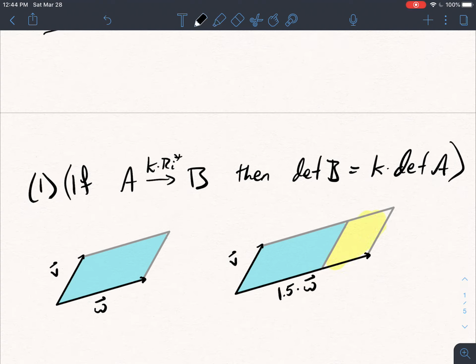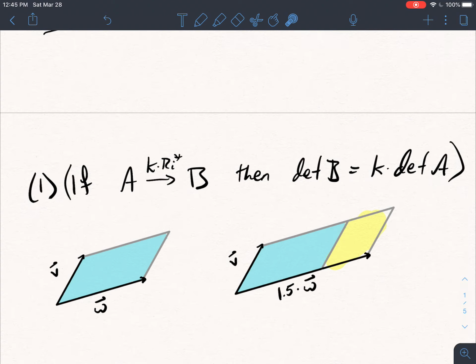And over here, the blue and the extra piece of w combine to form the new area of this box, this parallelogram. And the area of the blue plus the extra piece is equal to 1.5 times the area of the blue. And so this is just a simple example of how this could happen here.